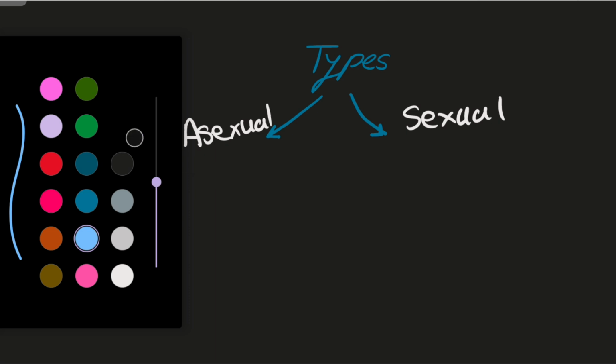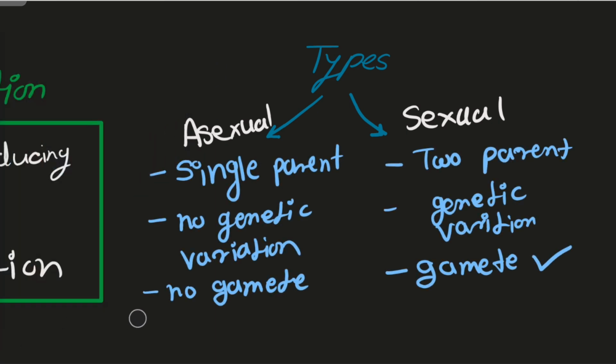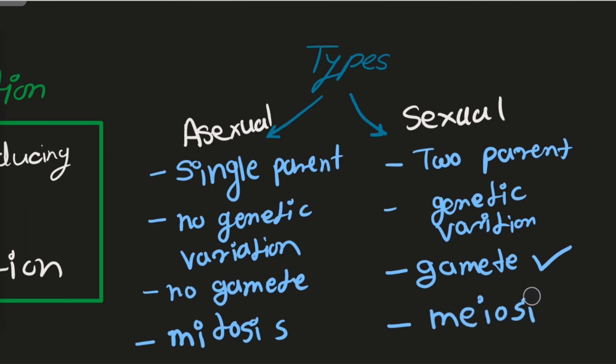So difference between them: asexual reproduction is by mitosis, whereas sexual reproduction follows by meiosis. This is a basic difference between these two types.